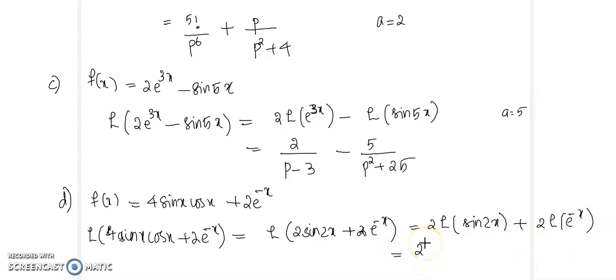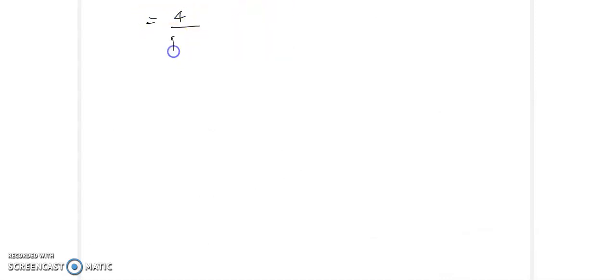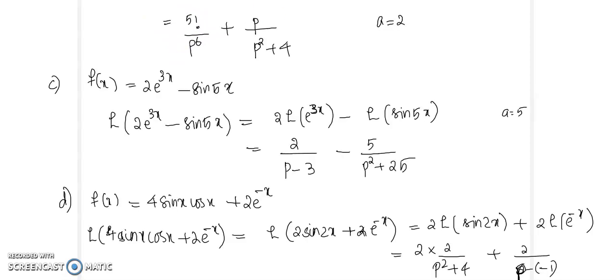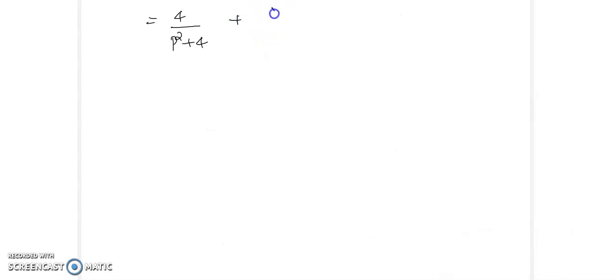That will be 2 into 2 by p square plus 4 plus 2 by p plus 1. So that will be equal to 4 by p square plus 4 plus 2 by p plus 1. So that's the required Laplace transform.